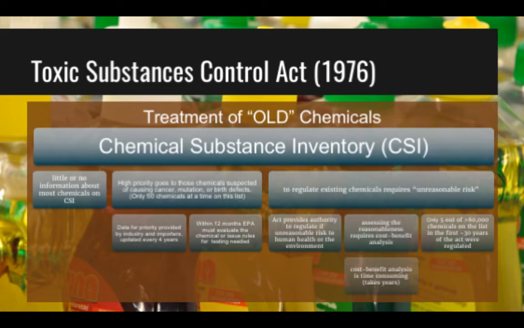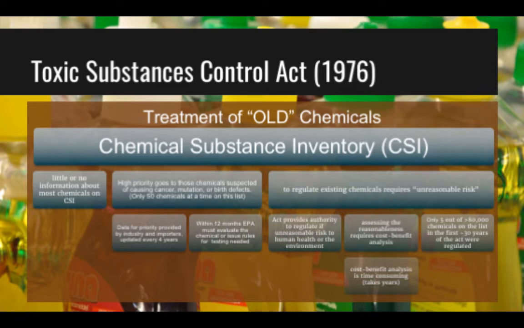To meet these primary goals, TSCA sets forth different approaches for regulating existing chemicals in industry, old chemicals, versus chemicals introduced after the Act, new chemicals. Existing chemicals are placed on the Chemical Substances Inventory, CSI.